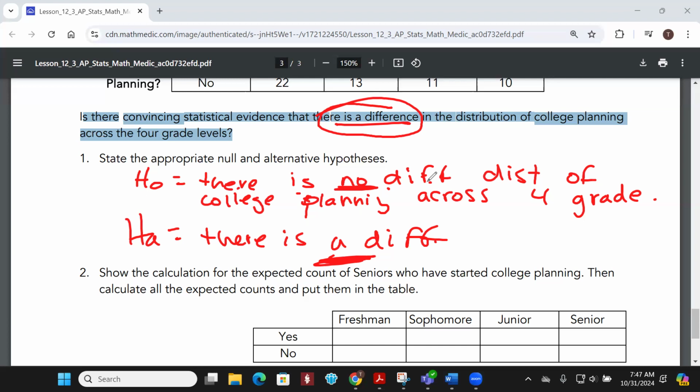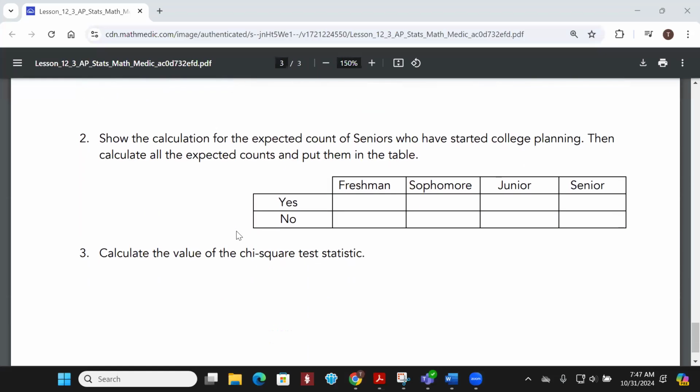Okay. Show the calculation for expected counts of seniors who have started college planning. So the way we did this is we multiplied the row and the column and then divided by the total. For this first one, you're going to do 44 times 25 and then divide it by 100. That's going to give me 11.